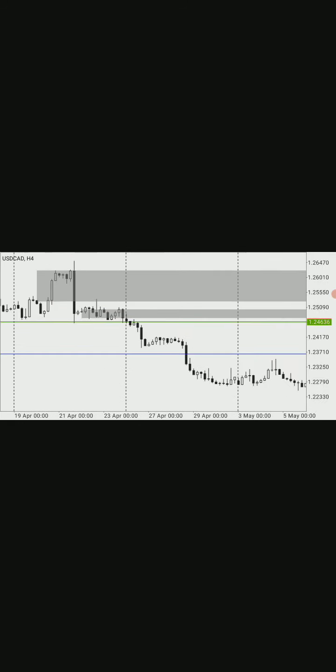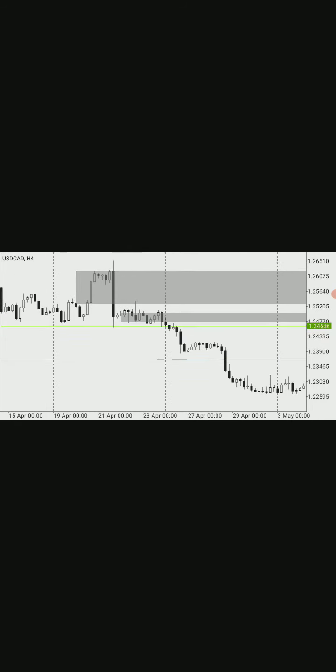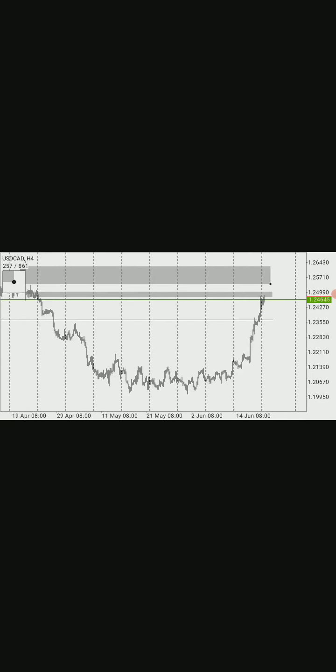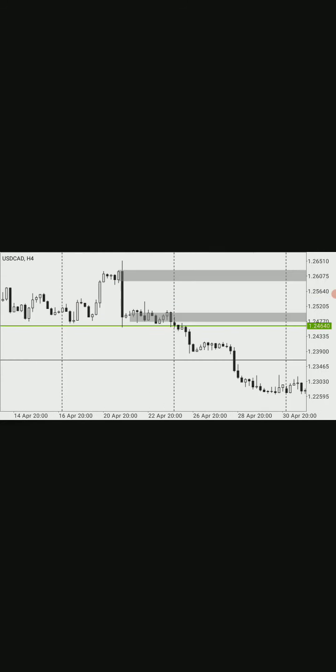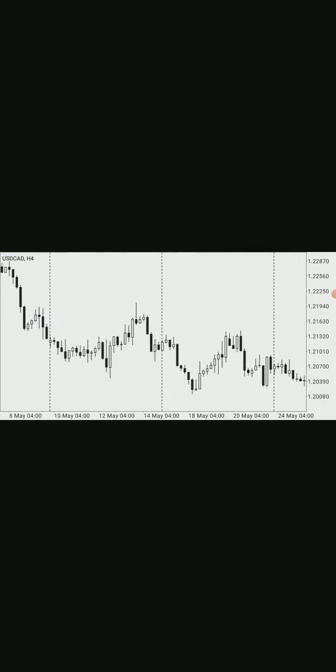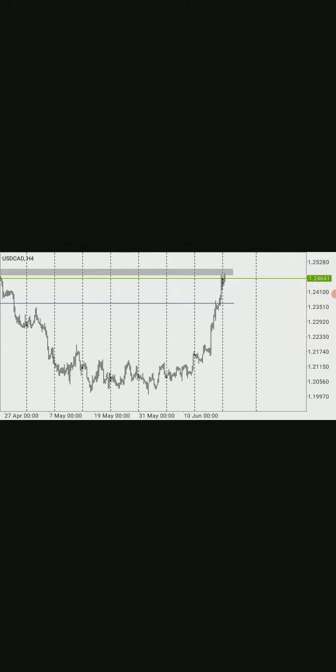All right, so looking at the 4 hour time frame, we can see some consolidation and all that. So for the 4 hour time frame, let me use this. All right, so that's the particular block we are going to be interested in.